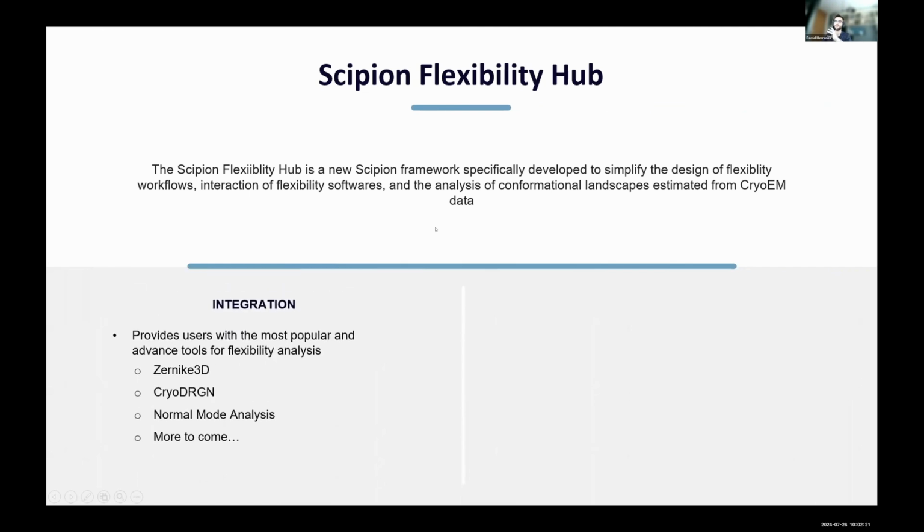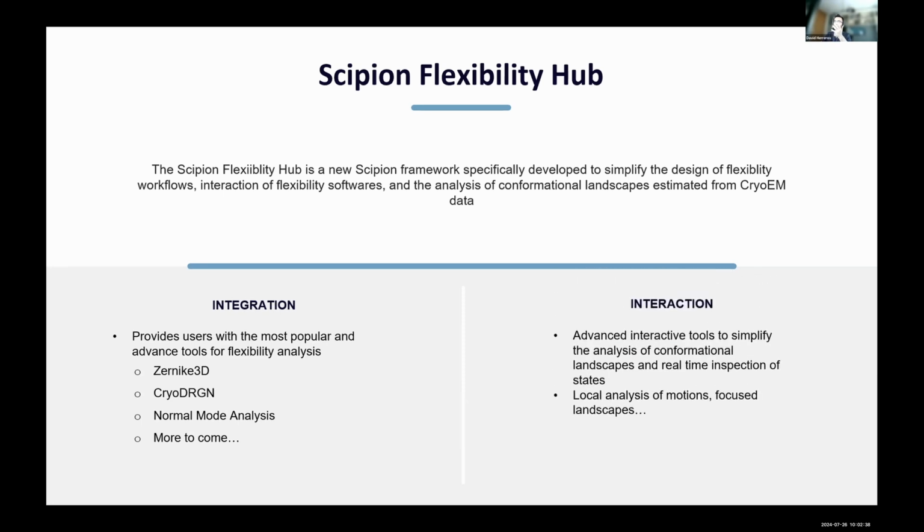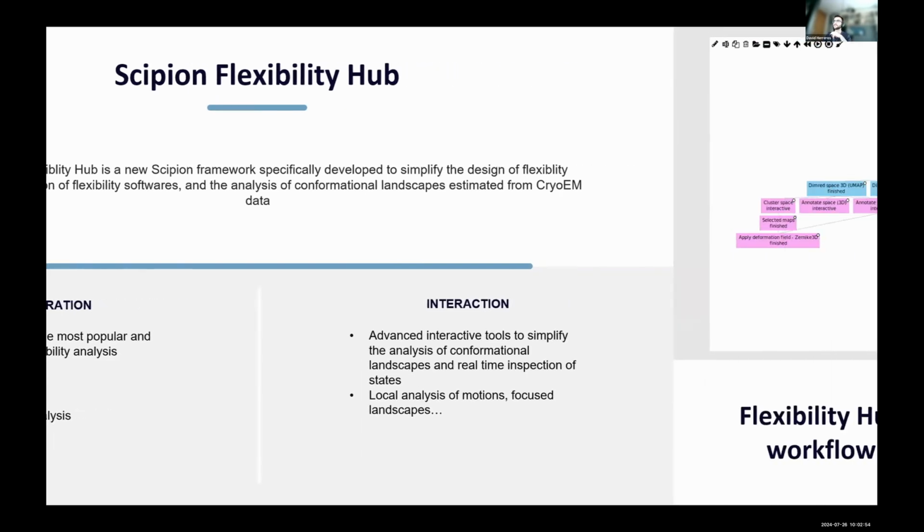Basically a place where we are integrating many different tools, our tools, Cernic3D, HetSIREN, but also tools from other groups, CryoDRGN, 3D Flex, and many other tools, in such a way that you can run one or the other, install them in an easy way, even combine them in many different ways, and also giving you tools to interact with the results, like this tool for exploring the landscapes in real time that I have shown you during the presentation, even tools to do consensus, to compare how robust the output of two different softwares or even the same software is when running them independently on the same data and so on.